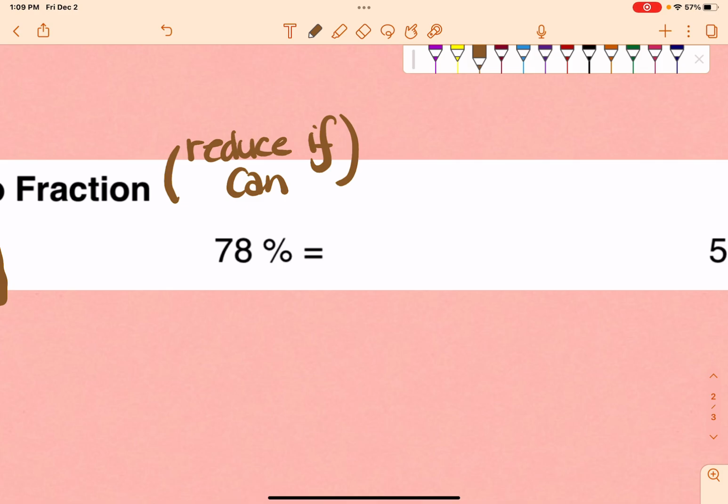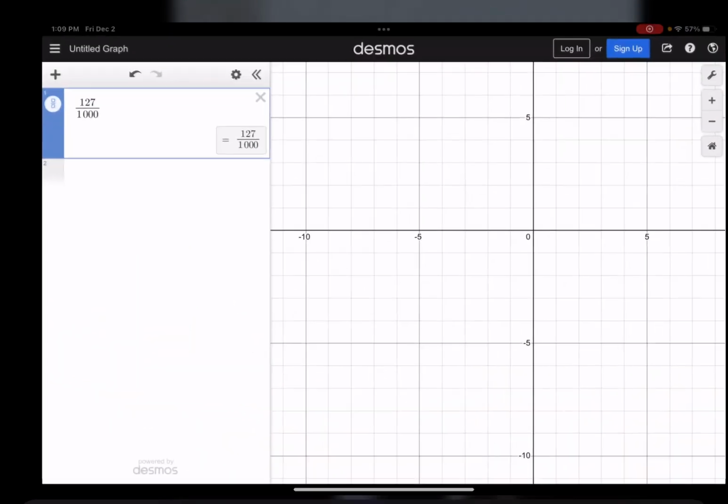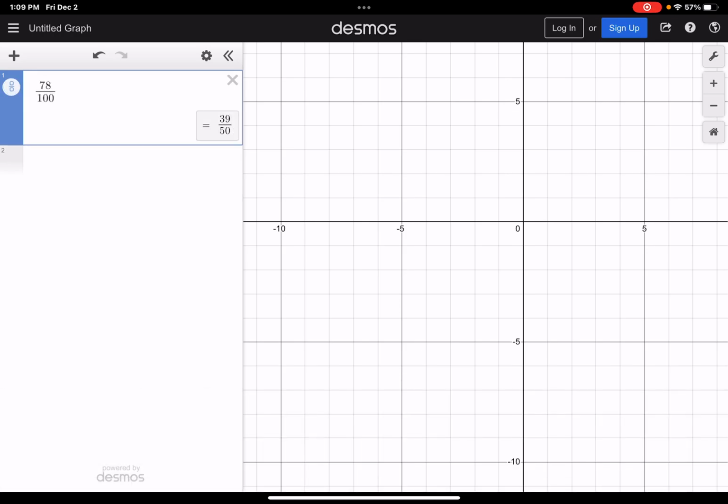Okay, so I have 78%. So 78 over 100. So if we go to our reducing, this one's going to reduce to 39 over 50.